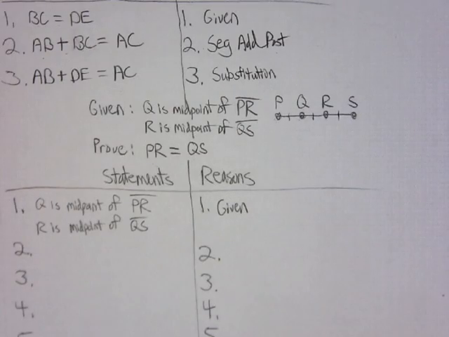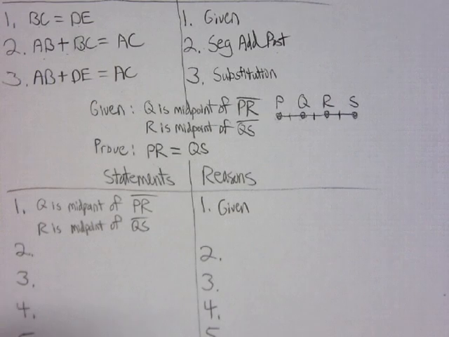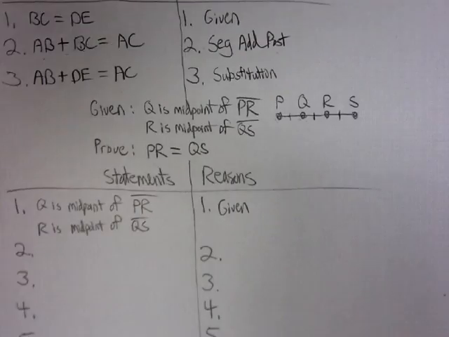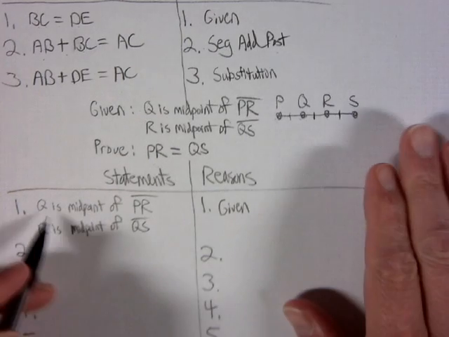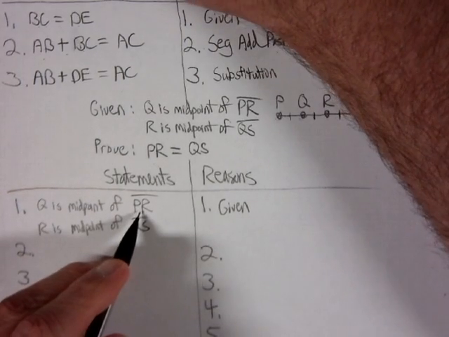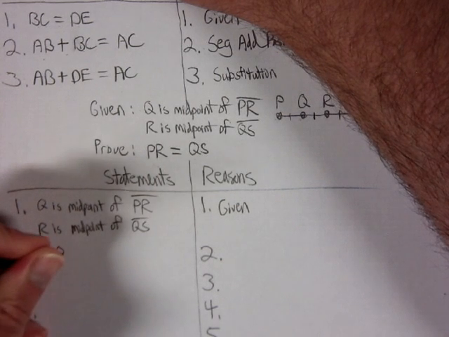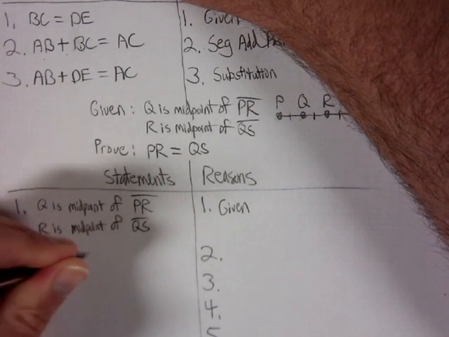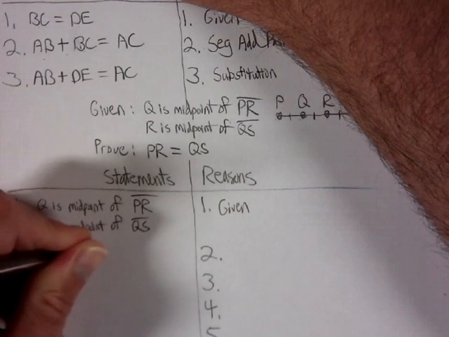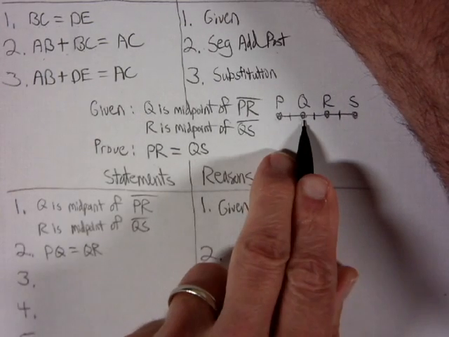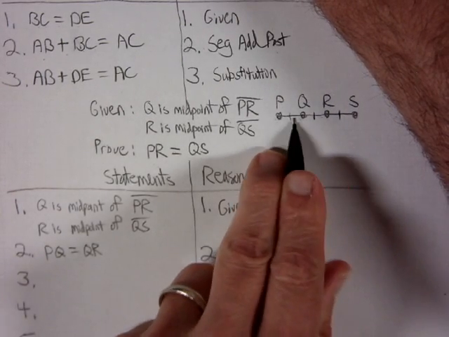Now, the next thing that we want to do is see if there's anything else you can get out of the given information, and in this case, the answer is yes. If Q is the midpoint of PR, then we know that PQ has got to be equal to QR.